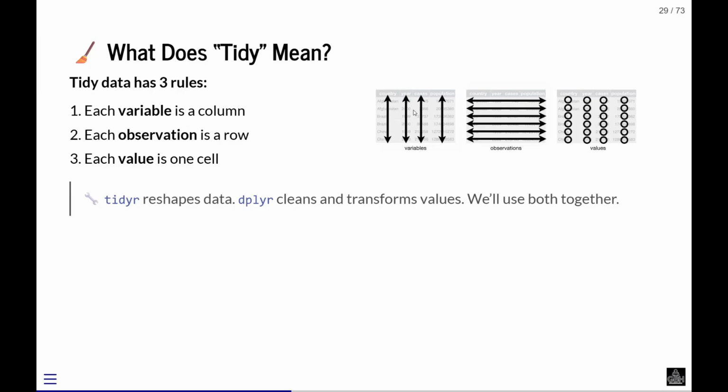So every variable should have a column. And then you have rows, which we call observations. So every observation should have a row. And the third rule is every cell, or every position, should have a value. So one cell should have one value.